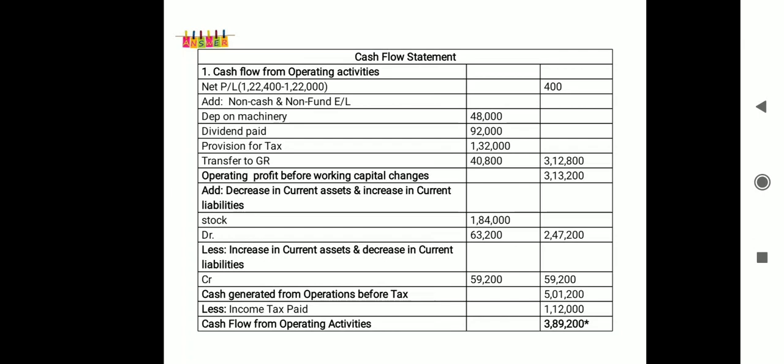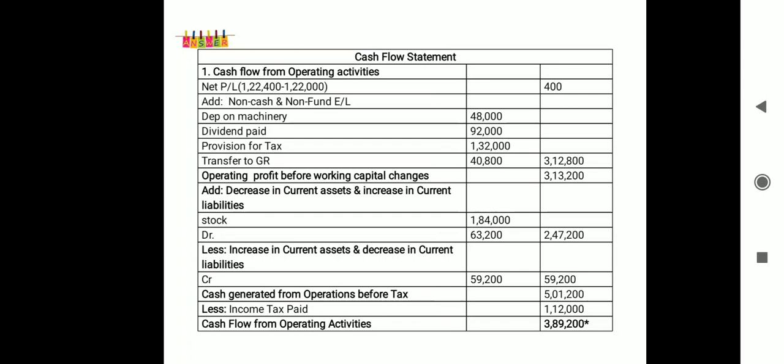I hope you're getting it. Now the next thing we have to do is add the decrease in current assets and increase in current liabilities. We have already checked in the working notes: stock is decreasing by 1,84,000.